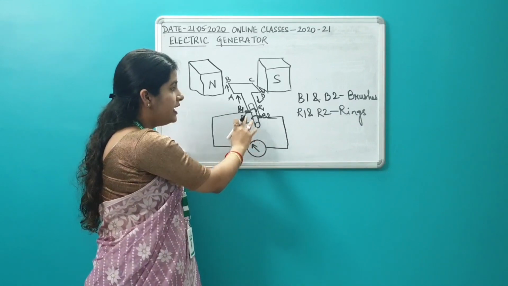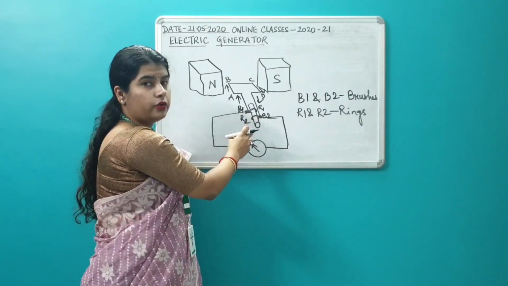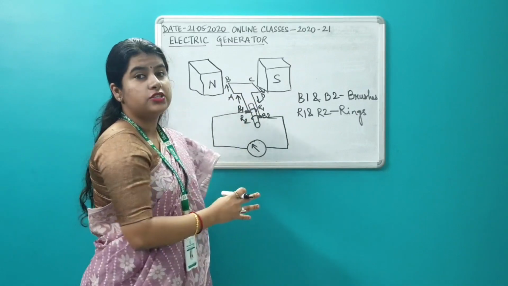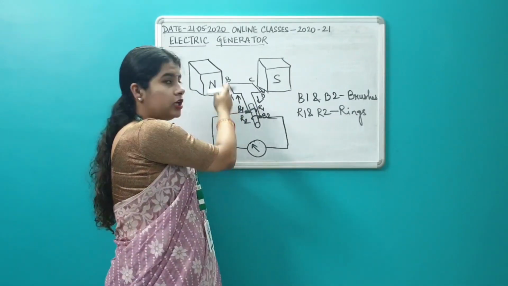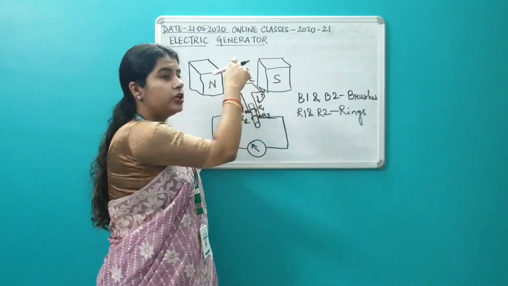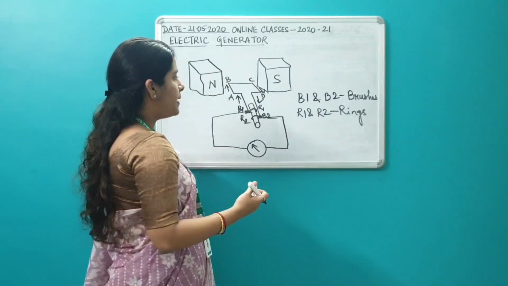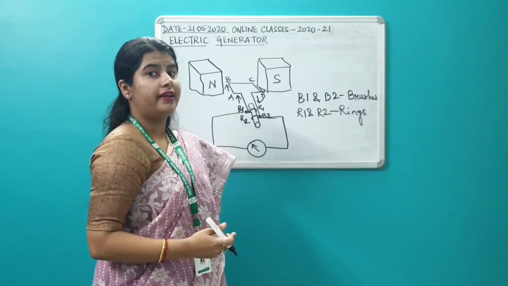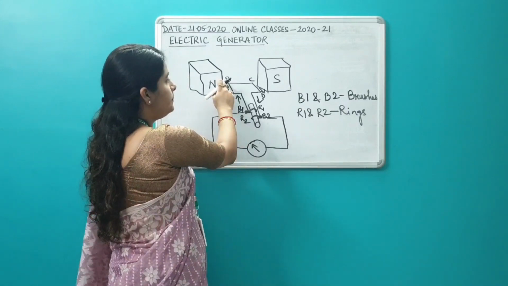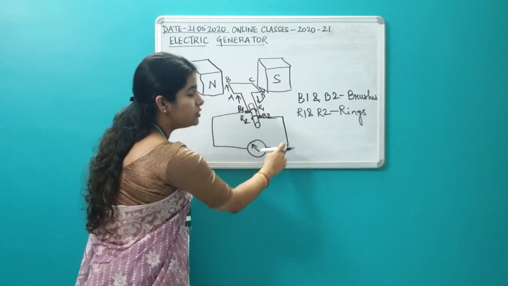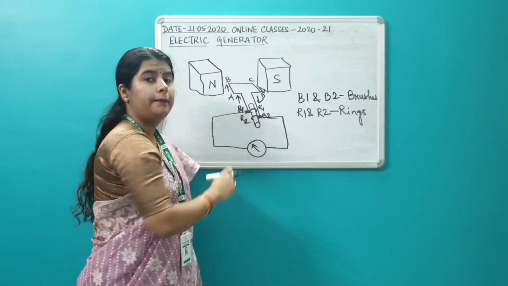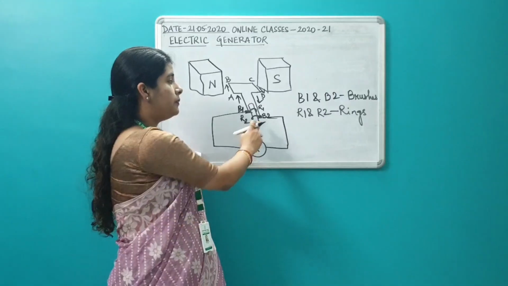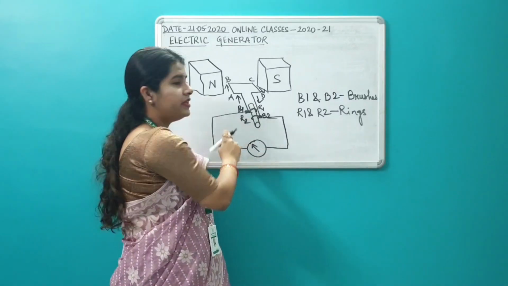So what will happen? The induced current will flow from A, B, C, D, and in the outer circuit, it will flow from brush B2 to brush B1.